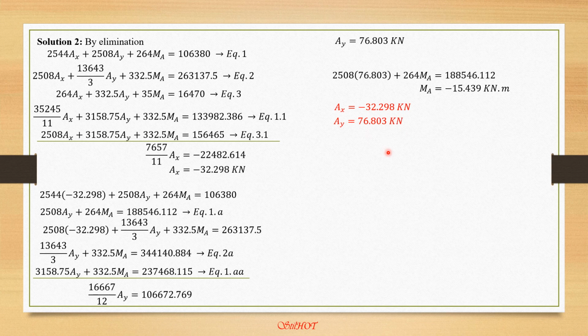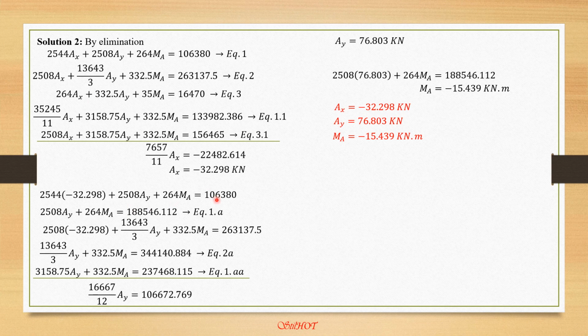AY is 76.803, which is the same. MA is negative 15.439 kilonewton meter. So the answer before was negative 15.42, and comparing, that's very, very close. So that's it for this method by elimination.